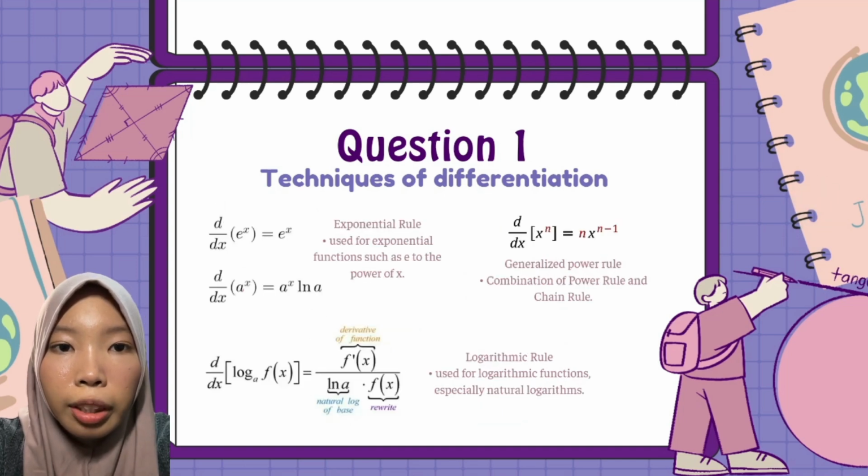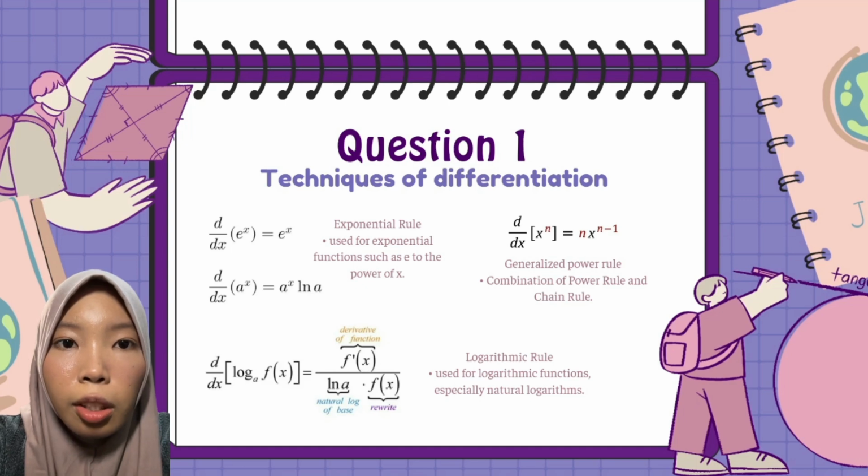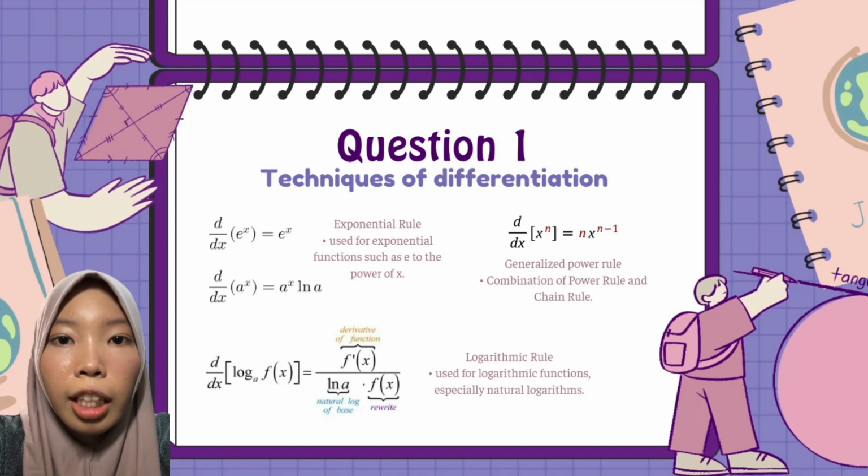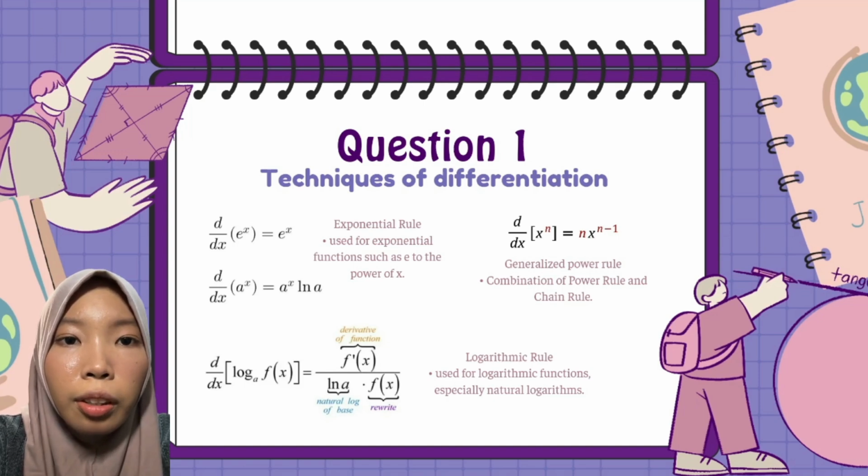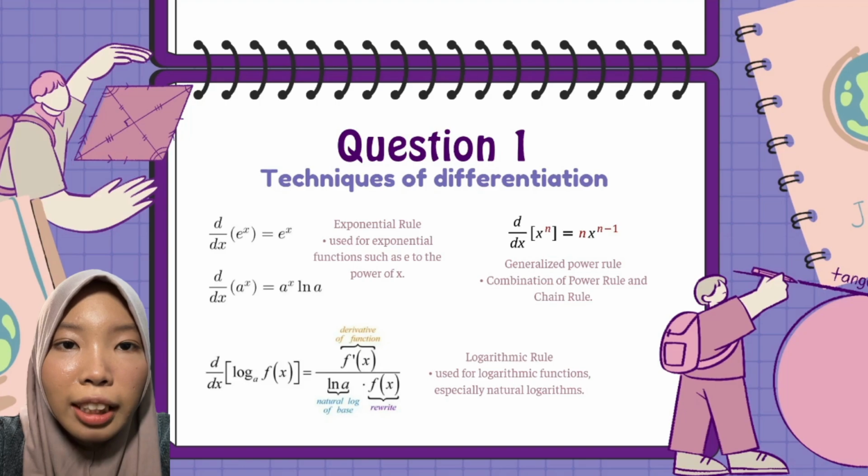Seventh is the exponent rule, used for exponential functions such as e to the power of x. Eighth is the generalized power rule, which combines the power rule and the chain rule. Finally, the logarithmic rule is used for logarithmic functions, especially the natural logarithm.